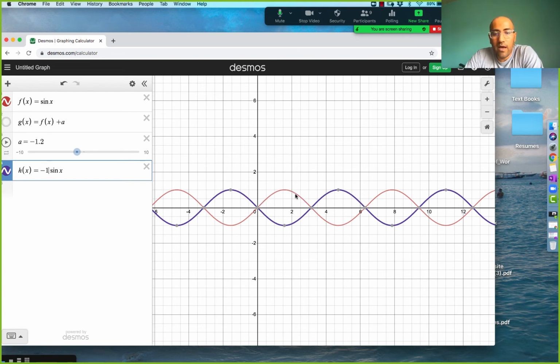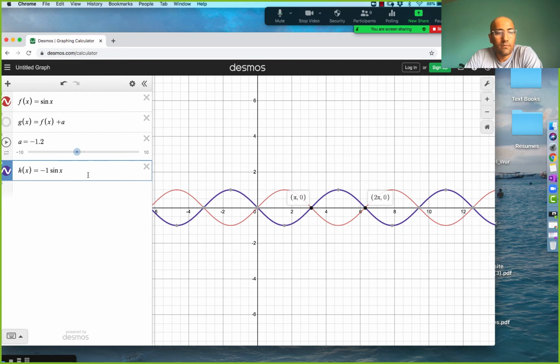It used to give me positive outputs between 0 and pi, but now because this new function multiplies everything by -1, these formerly positive values become negative, and now between pi and 2 pi, the original sine function used to give me negative outputs, but now because I'm multiplying by -1, they turn into positive outputs. So all previously positive become negative, all previously negative become positive, so it becomes a reflection about the x-axis.